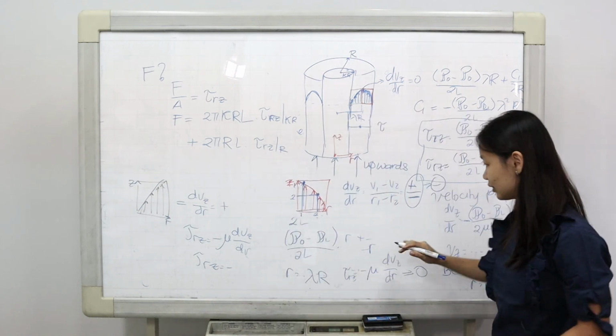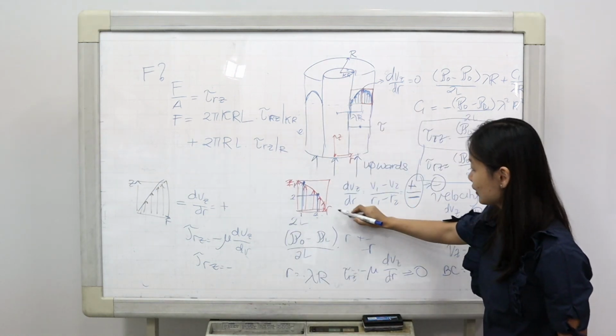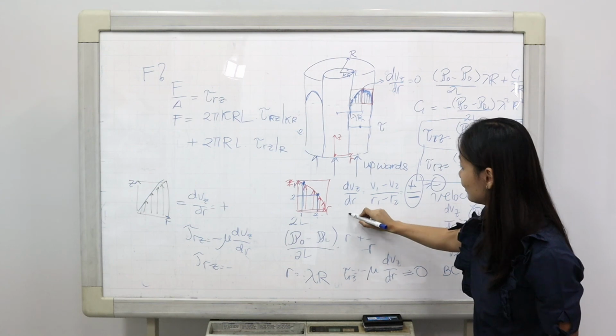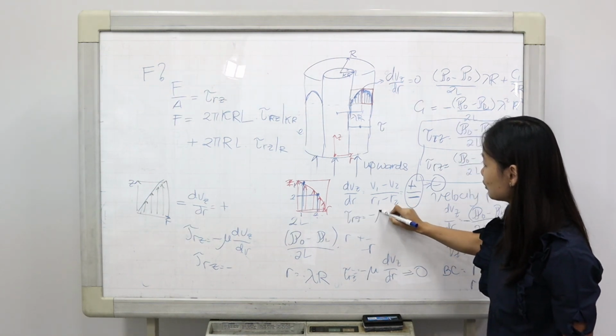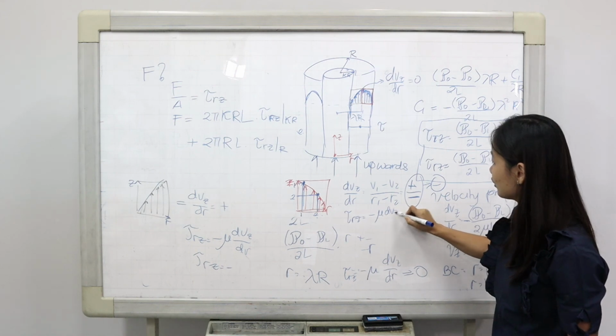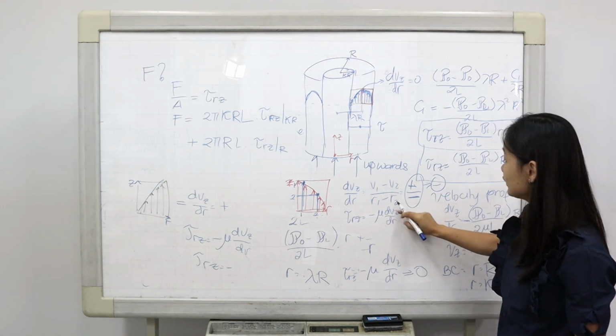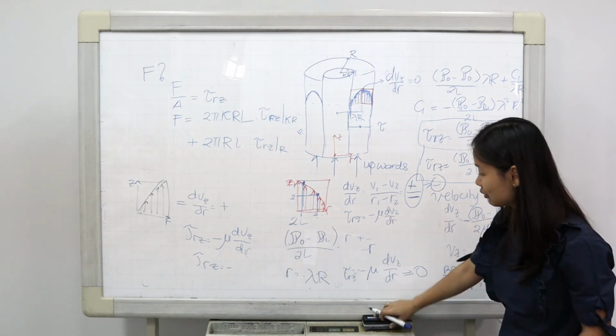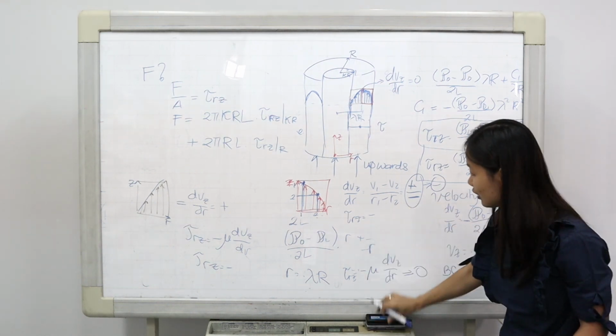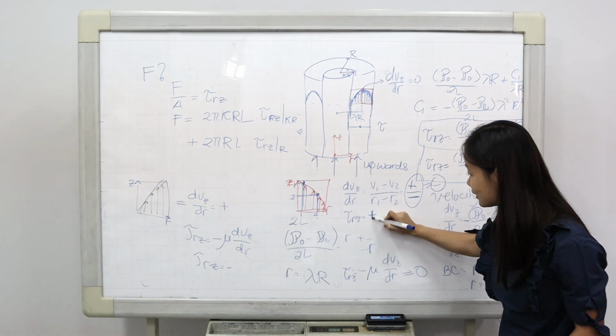And for the red one, tau rz is minus mu dvz over dr, and dvz over dr here is negative, so this gives me positive tau rz.